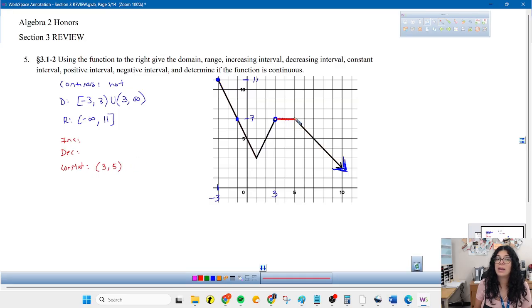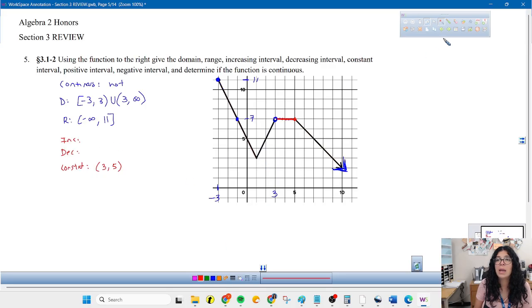Any point that is connected, we don't say whether that's a part of the increasing, decreasing, or constant piece because it's connected to another piece, okay? So any point that is connected, we are not going to include as a part of that constant because that is the point where you're changing actually from constant to decreasing, not that it's continuing to be constant at that point or even past that point.